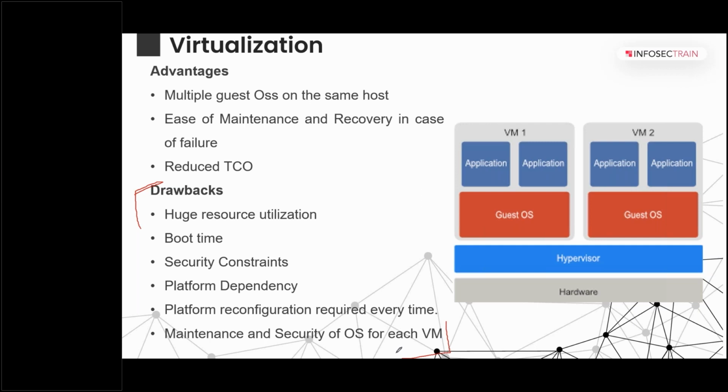Hey Krish, sorry to interrupt, just a quick question. Yeah, please. Let's say my underlying server has 8 GB memory, and I have hosted 4 virtual machines on top of it, each with 2 GB of memory.